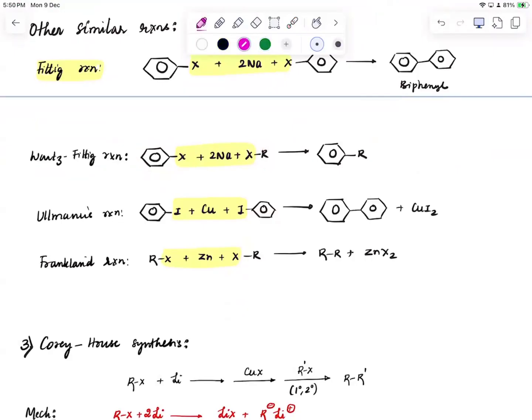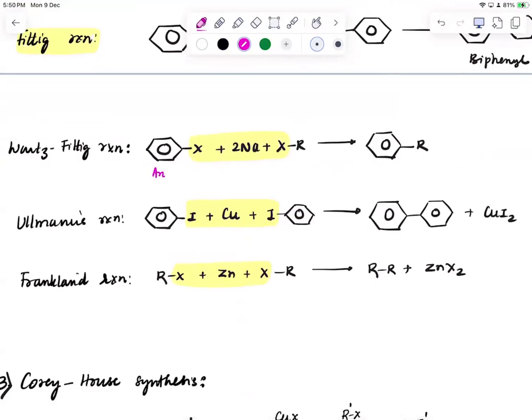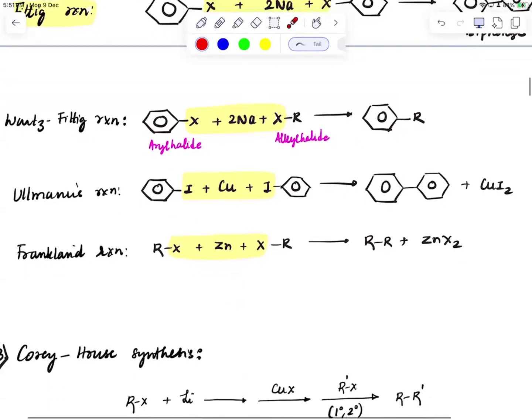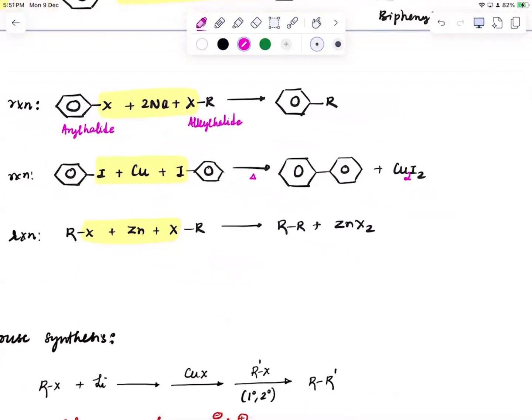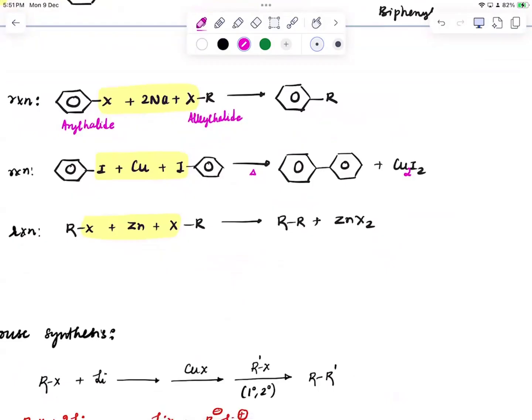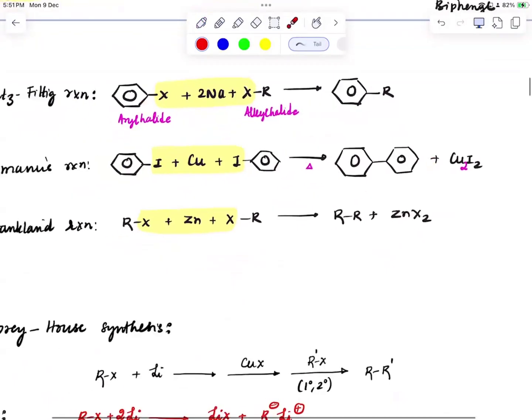Remember, one part is called aryl halide and the other part is called alkyl halide. If one is aryl and one is alkyl, then the product will be of this kind, alkyl benzene. And if both of them are aryl, only for iodides, if you are doing it by heating with copper, you will get Cu2I2 and this compound, biphenyl. You'll get Cu2I2 and biphenyl.